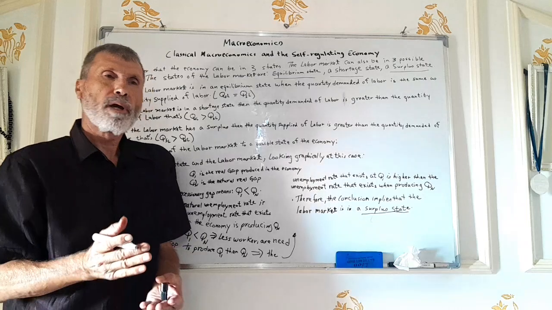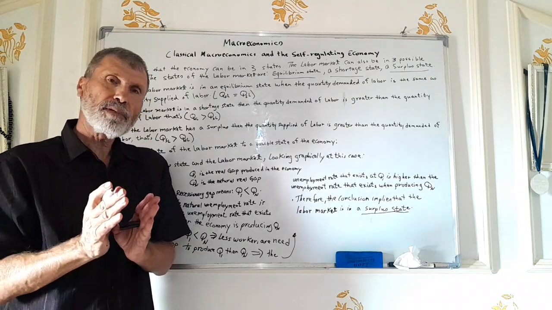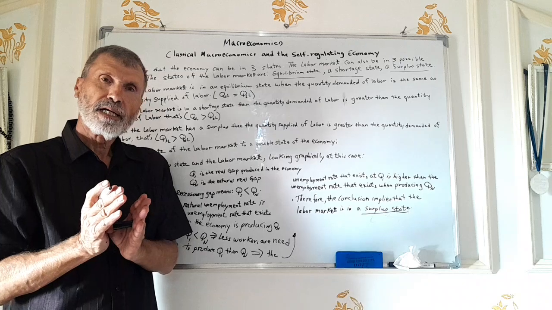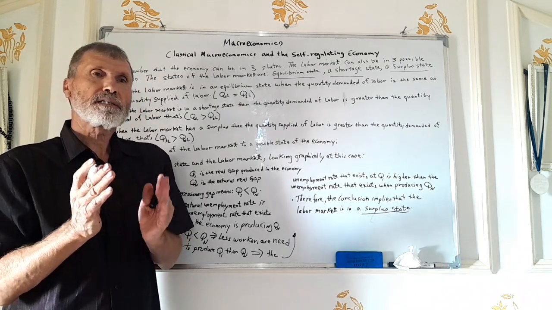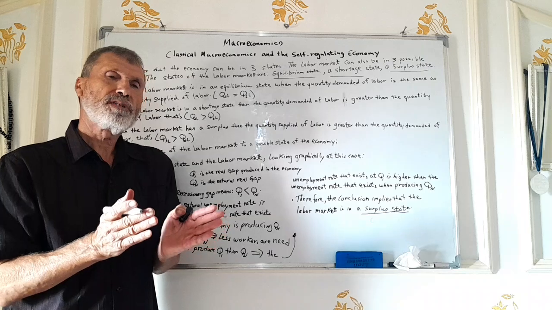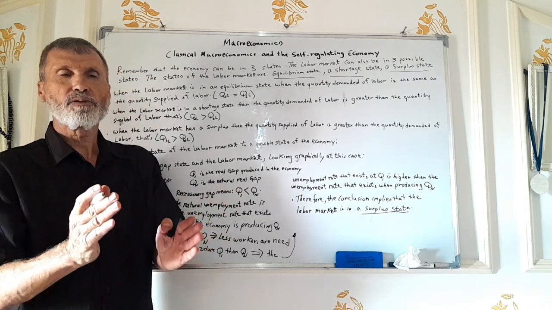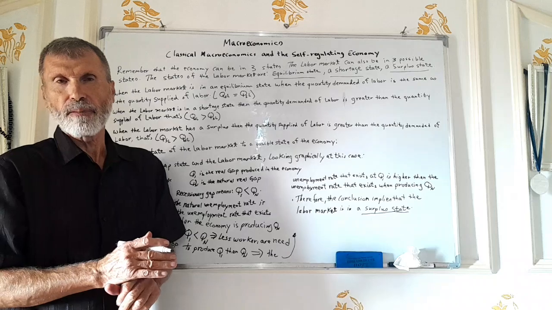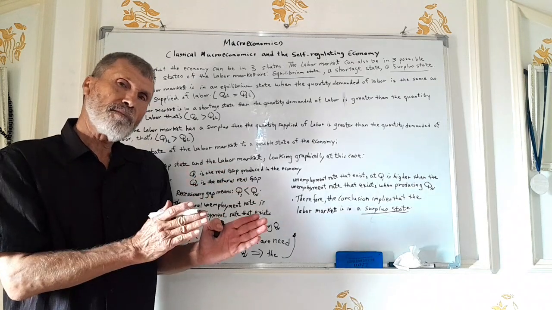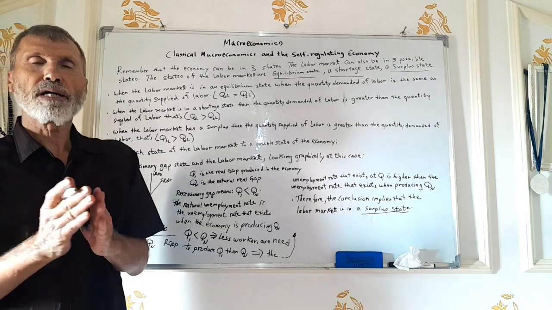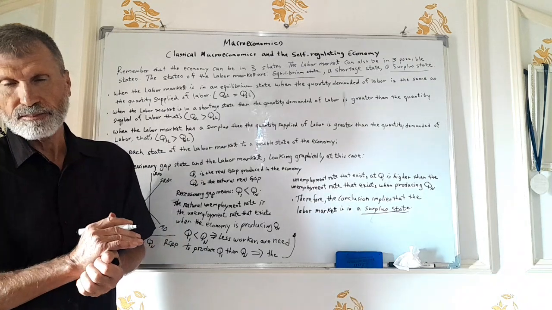Okay, so when the economy is experiencing a recessionary gap, then we can tie the possible state of the labor market to the possible state of the economy. So when the economy is in a recessionary gap, then the labor market has a surplus. Why?